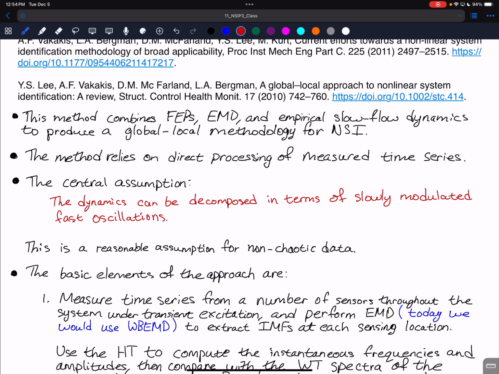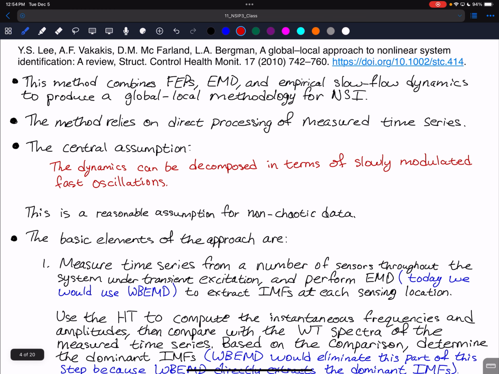Of course, if your system is linear, then this assumption is not true, but there are tons of linear techniques to use, and you wouldn't need to apply something this sophisticated anyway. Like I said, this is a reasonable assumption for non-chaotic data, meaning that you have a regular response that you've measured. If it's a non-regular response, then you can have issues with this method.